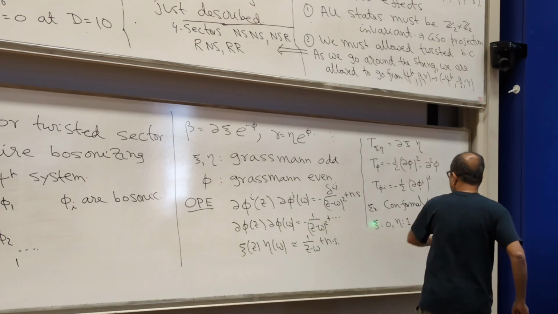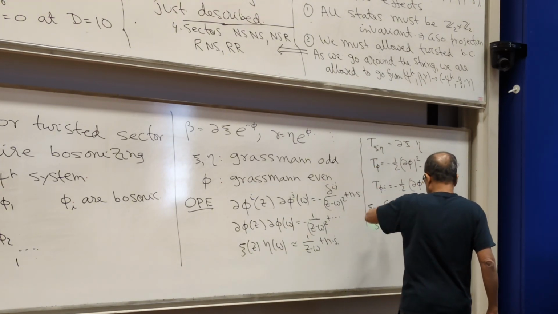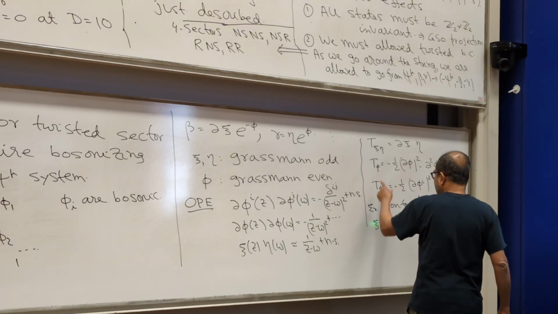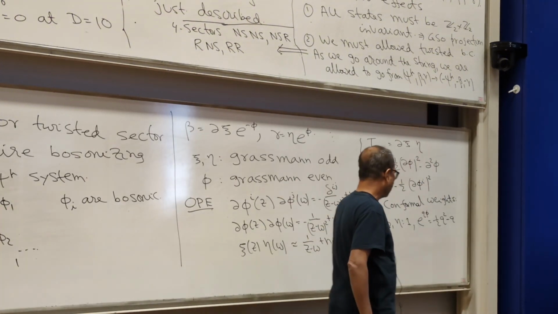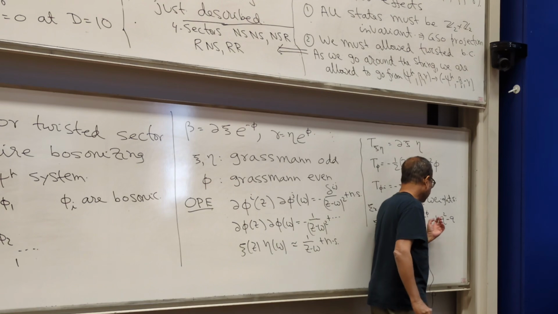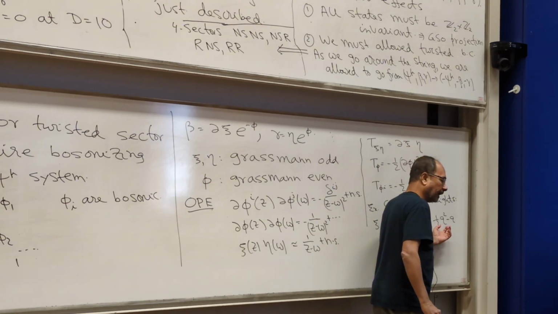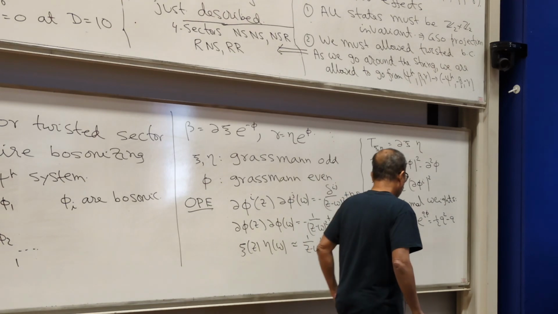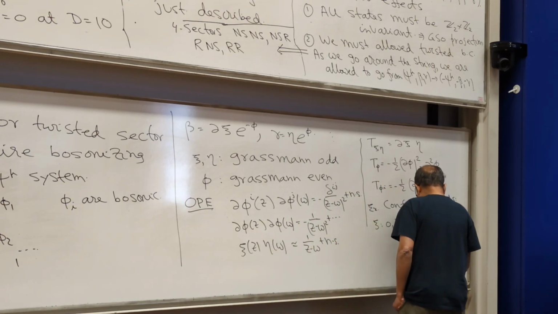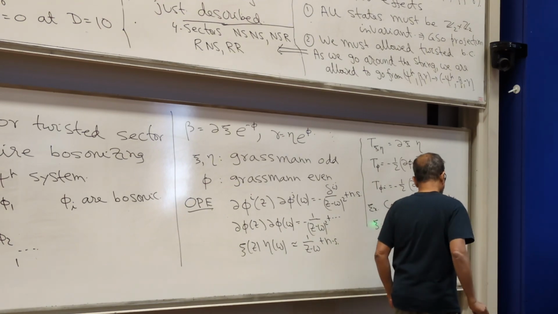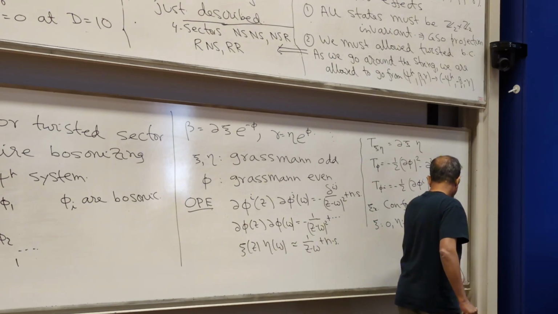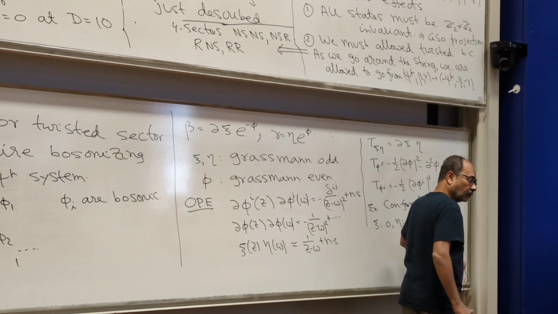You can get this by taking the OPE of T with xi, eta, and e to the q phi, and just calculate the OPE of this with xi, this with eta, and so on. So xi has conformal weight 0, eta has conformal weight 1, and e to the q phi, which we'll be making use of, is minus half q squared minus q. In particular, e to the minus 2 phi has weight 0, because for q equal to minus 2, this is minus 2 plus 2.